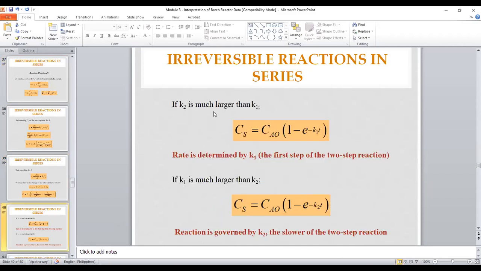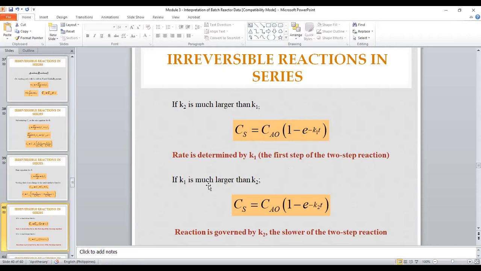If K2 is much larger than K1, K2 being the second step, right, then the amount of S formed will be dependent only on the first step. The rate is determined by K sub 1, the first step of the two-step reaction.